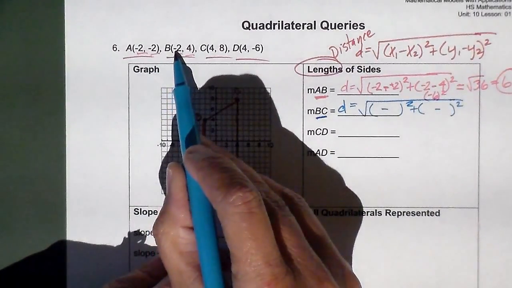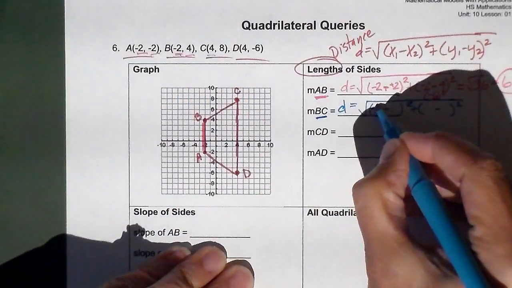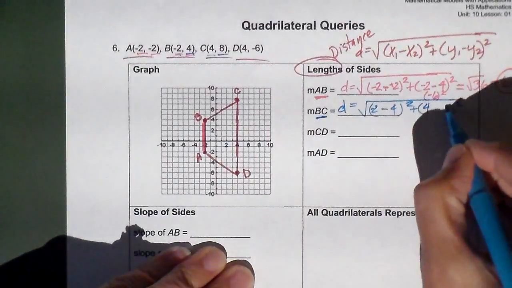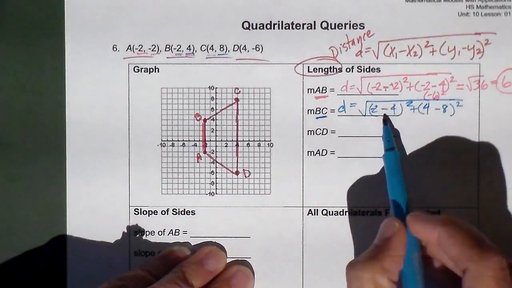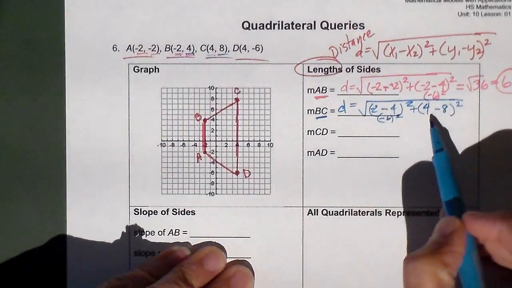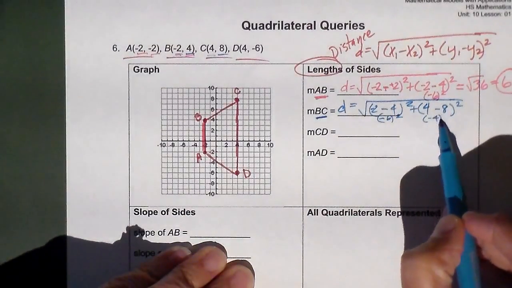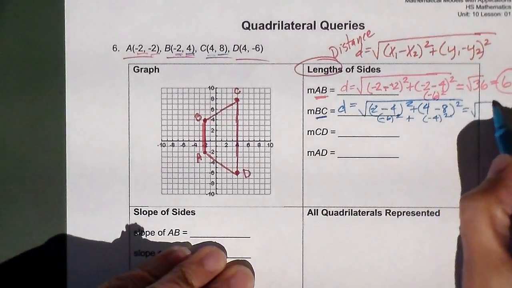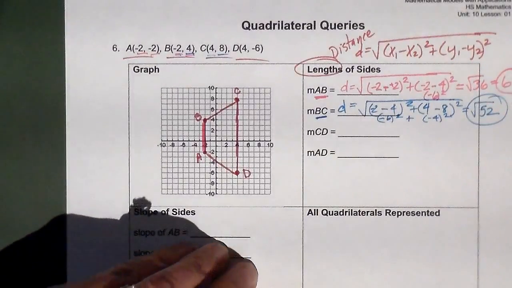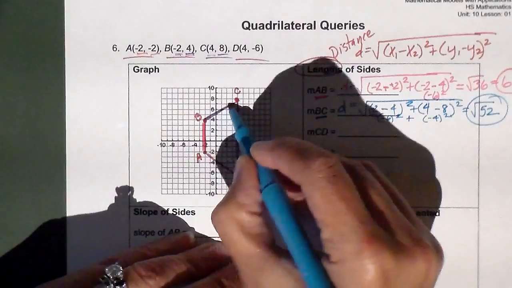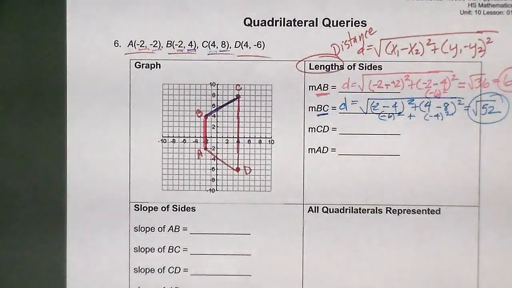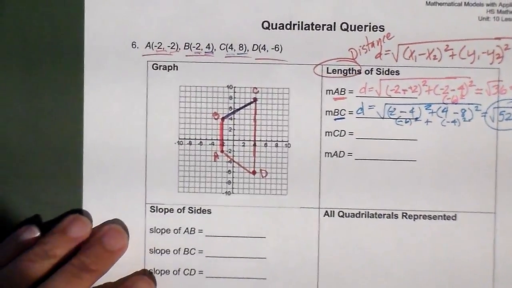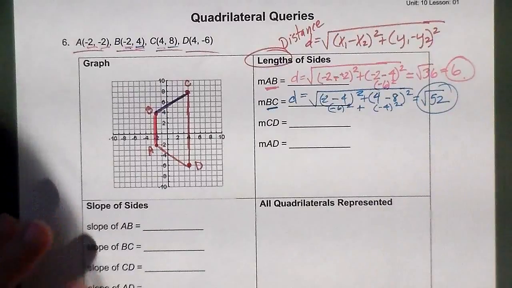What are my two x's for B and C? -2 and 4, and the y's are 4 and 8. -2 minus 4 gives you -6, which we square, and 4 minus 8 gives you -4, which we square. So I have 36 plus 16, which is 52, so the length of BC is the square root of 52. So far we know it's not a rhombus, because a rhombus would have all 4 sides the same length, and I've already got 2 that are different.